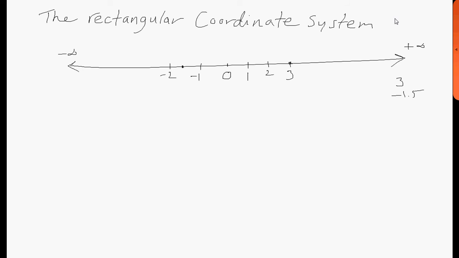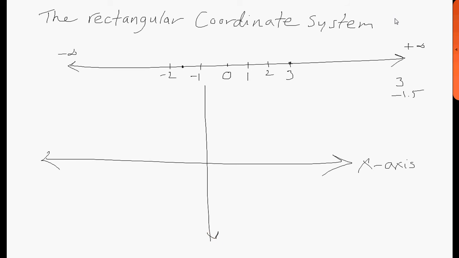But instead of just one line, if I have a two-dimensional space like this board I am working on, if I want to describe any point on this board, then one real number line does not work, and what we need is the right angle intersection of two real number lines, a horizontal one, which is called the x-axis, and a vertical one, which is called the y-axis.